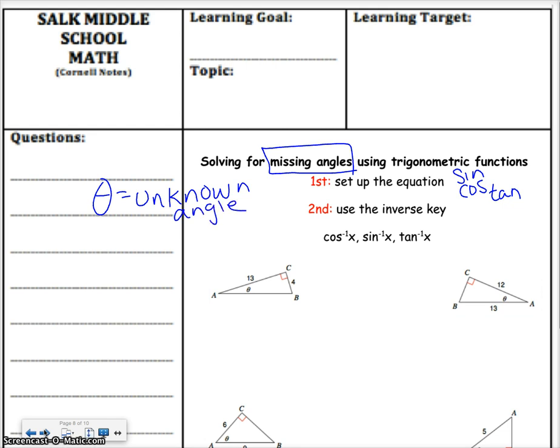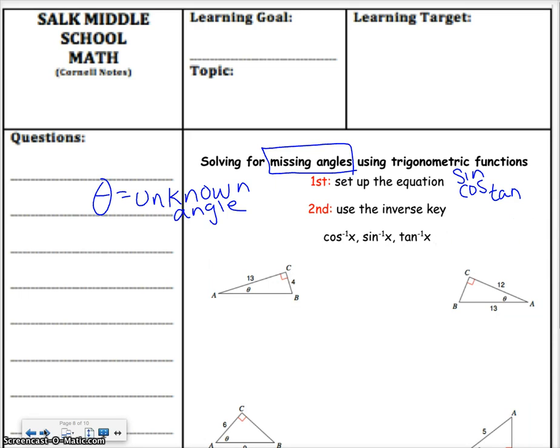So everywhere I'm going to say theta here, theta is just an unknown angle. And then we're going to use the inverse key. So remember, everything that we did before is inverse operations. Like when I had 7x equals 21, the inverse of multiplying, dividing.